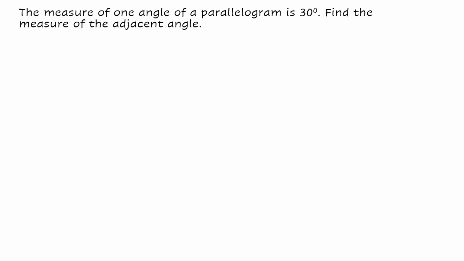Now, for question number 3. The measure of one angle of a parallelogram is 30 degrees. Find the measure of the adjacent angle. So before we solve that, let us draw a typical figure of a parallelogram.